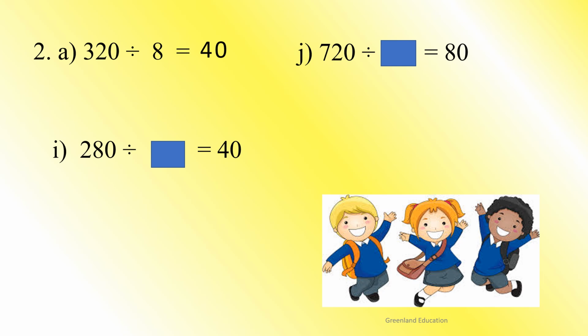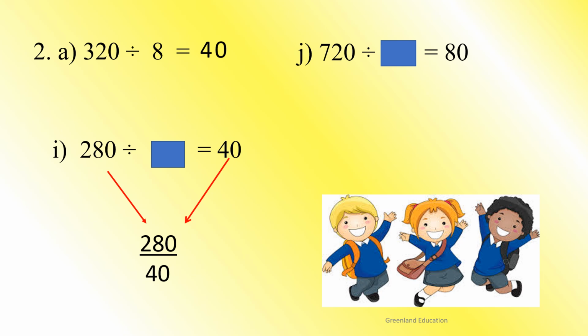280, when you divide by a number, the answer is 40. To find the answer, 280, you should divide by 40. Or else you have to find how many 40s are making 280.